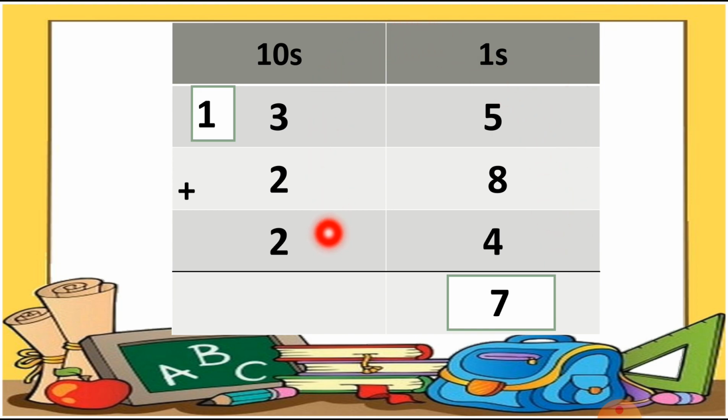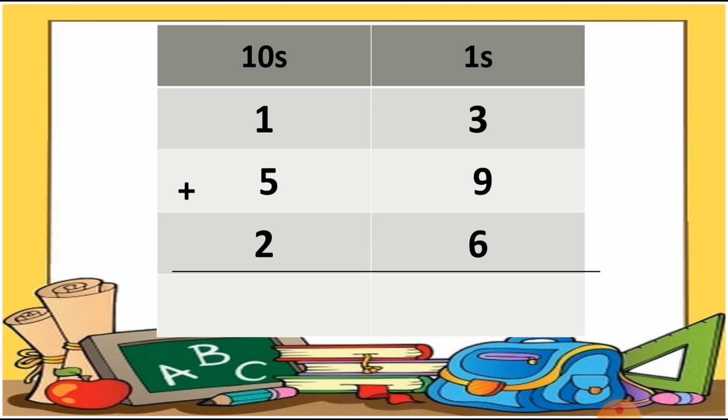Let's move to the tens column. Here this number 1, which is the carry forwarded number, we have to add in the tens column. So 1 plus 3 plus 2 plus 2. So the total of the tens column is 8. Now here is our answer, 87. So this way we can add the numbers.